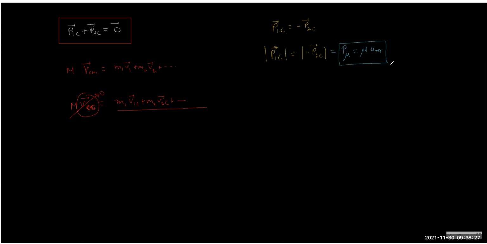The U relative is the initial momentum in the CM frame. And then after some time, if we have V1, V2, then we use V relative. So in general, if you know the velocity in the ground frame, you can find the momentum of each particle in the CM frame directly by the formula mu times U relative.